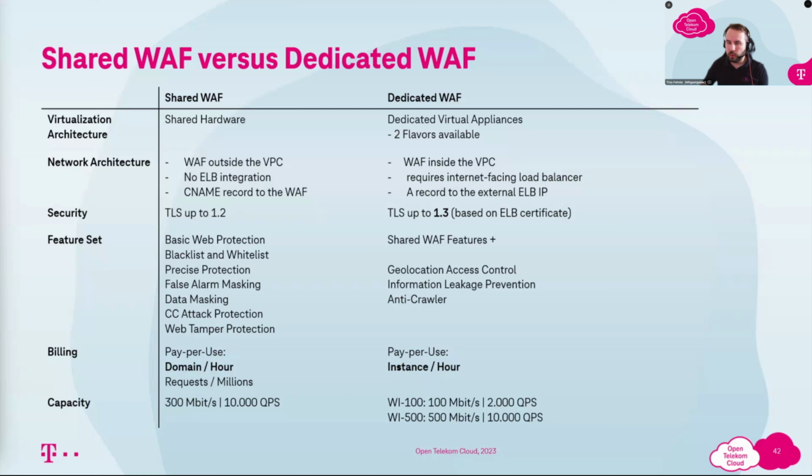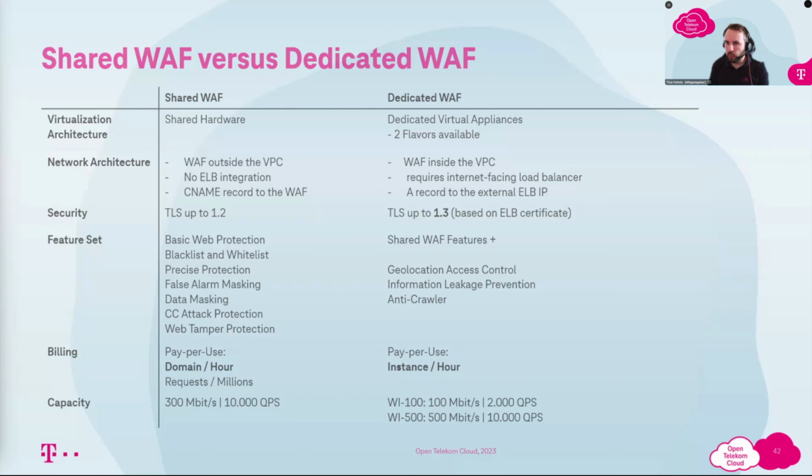So it is also useful if you have multiple websites. For the capacity, the shared WAF supports traffic peaks up to 300 Mbits and about 10,000 queries per second. The dedicated WAF has two flavors. Let's call it a small one with 100 Mbits and 2,000 queries per second maximum capacity, and a bigger one with 500 Mbits and 10,000 queries per second capacity.